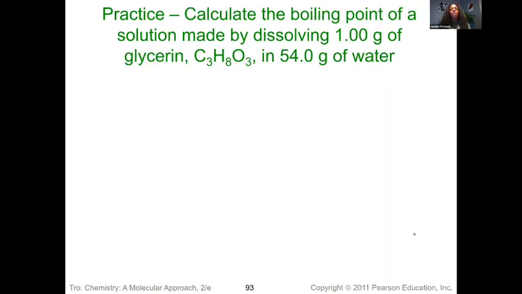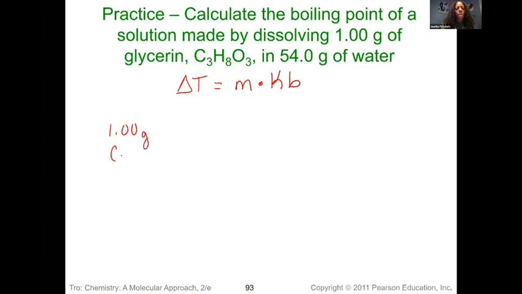This problem says, calculate the boiling point of a solution made by dissolving 1 gram of glycerin in 54.0 grams of water. Again, boiling point means we have to figure out the change in temperature, and we can calculate that by taking the molality times our Kb. Before we can plug in, our molality is based off the number of moles of glycerin, so we first have to calculate that.